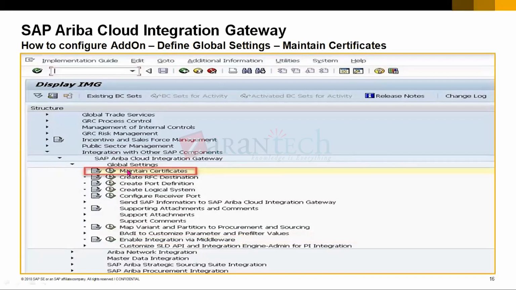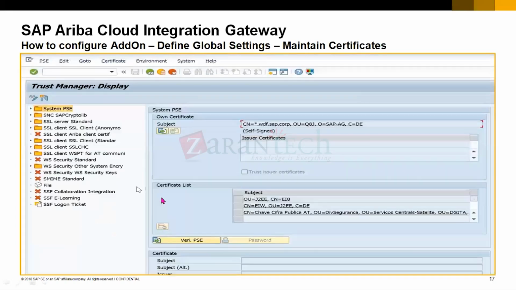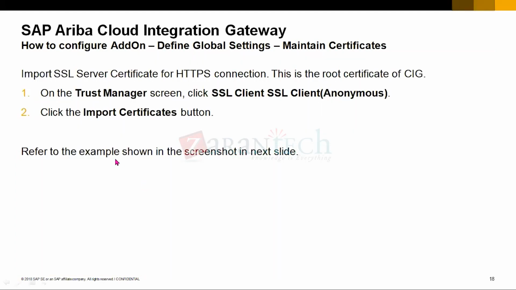So you can see they have to come to this maintenance certificate option here, and once we come in this maintenance certificate option, you can see a similar kind of screen in this presentation as well. And here they have to follow a different process. So you can see the information is given here.